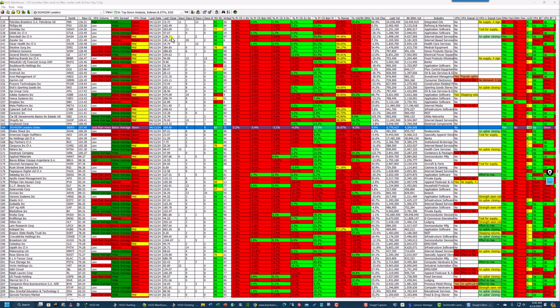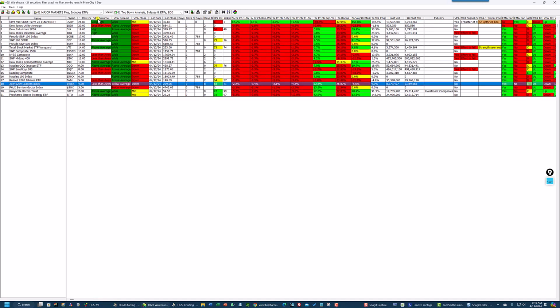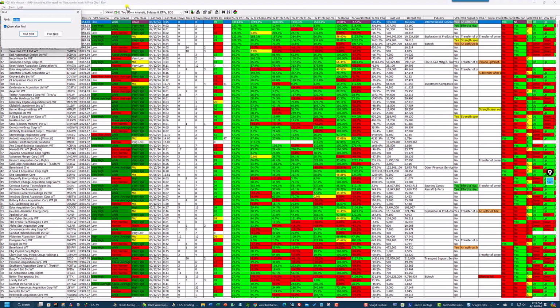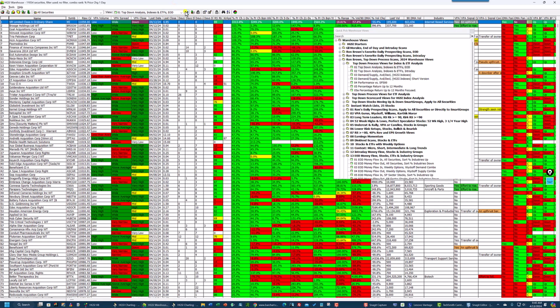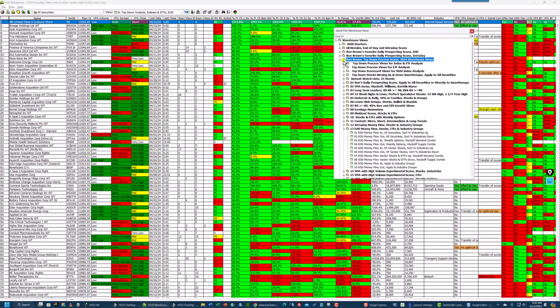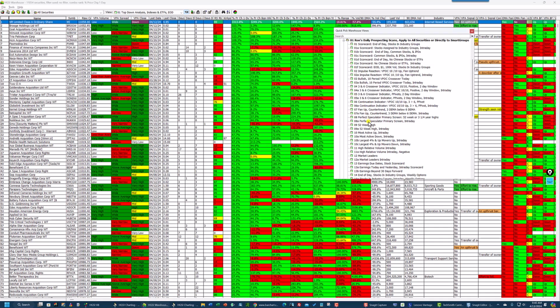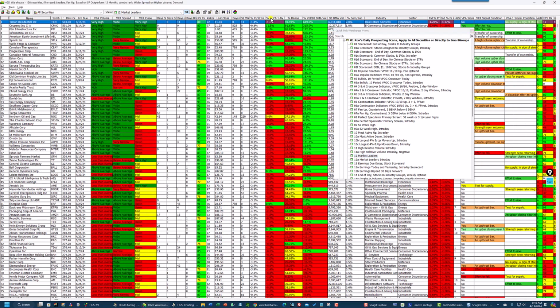What I want to do is go back into this, and go to all securities. I'm going to hit my space bar and hold down the alternate key at the same time, and we're going to go into my daily prospecting scans, and take a look at the market leaders.